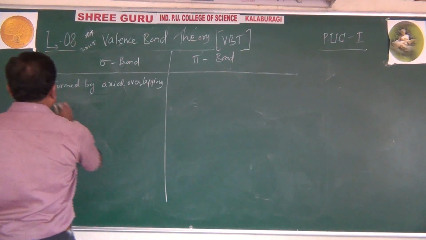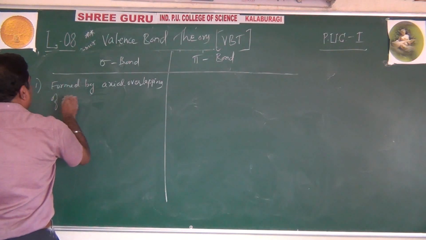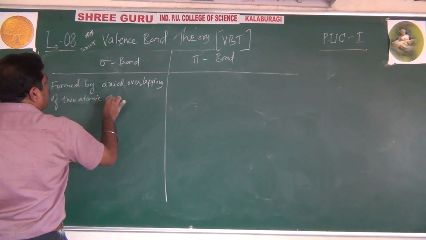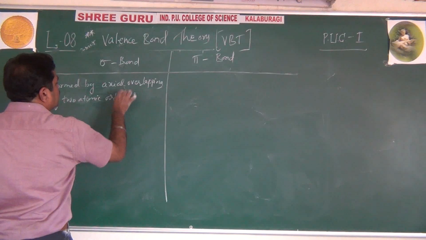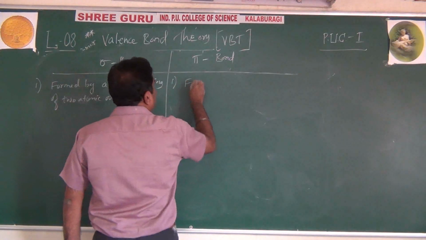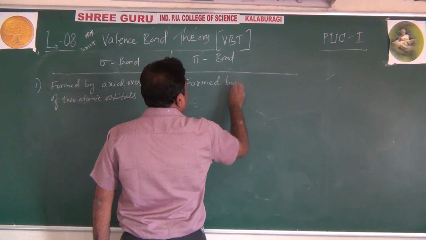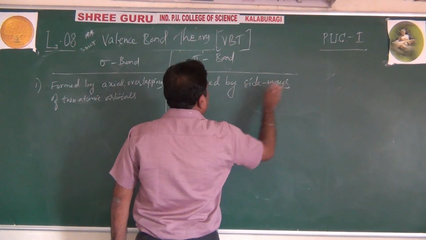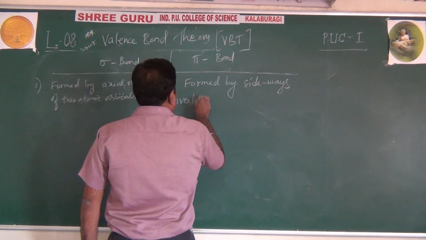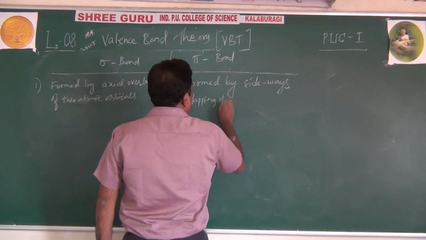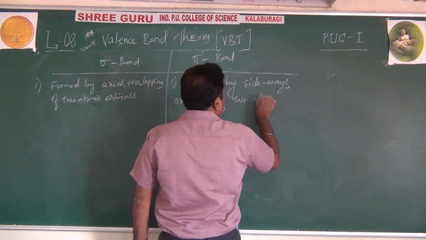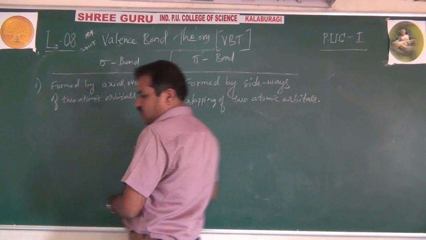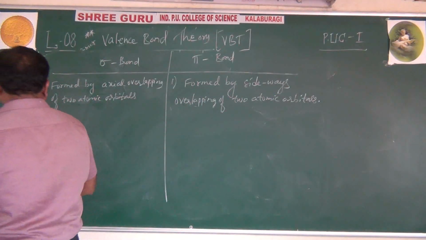Sigma is formed by axial overlapping of 2 atomic orbitals. This one is formed by sideways or lateral overlapping of 2 atomic orbitals.